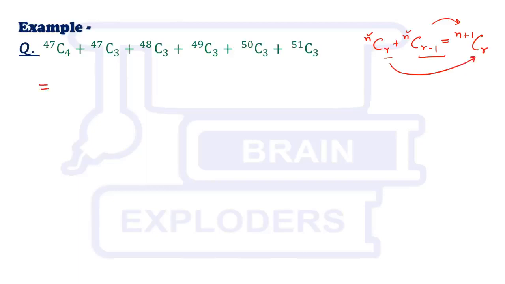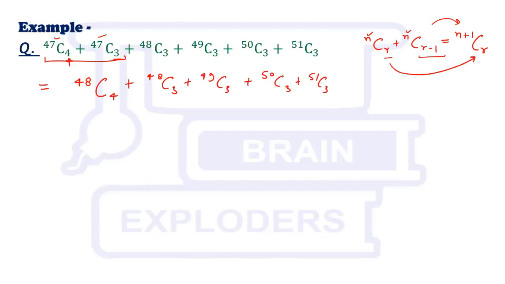Here we have 47 and a difference of 1 in 4 and 3. So for the sum of this part we give increment in 47, it is 48, and select the larger one, that is 4. So 48C4 plus 48C3 plus 49C3 plus 50C3 plus 51C3.